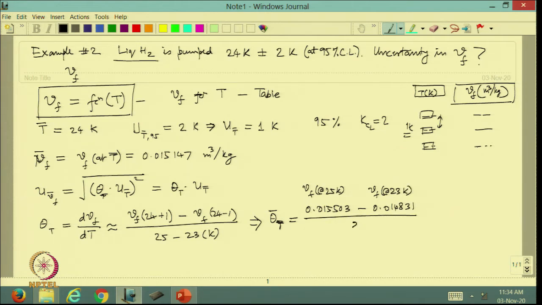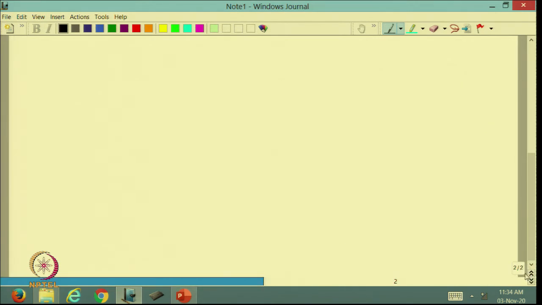All of this divided by 2 Kelvin. The units here are meter cube per kg. So, if we solve this, we get the sensitivity coefficient value as 0.000336 meter cube per kg per Kelvin. So, we got the sensitivity coefficient.